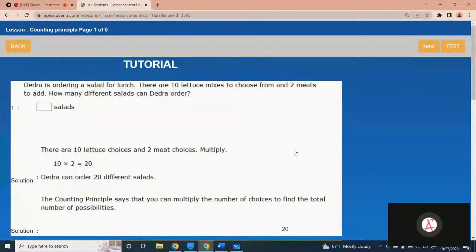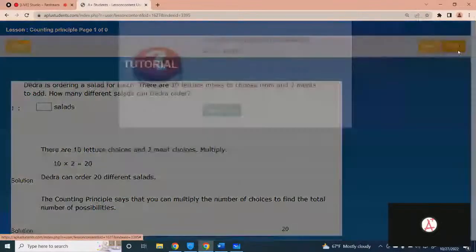So like this one, you have 10 for the lettuce and 2 for the meat. So you need to do 10 times 2 and that makes 20. Got it? Let's start with the test.